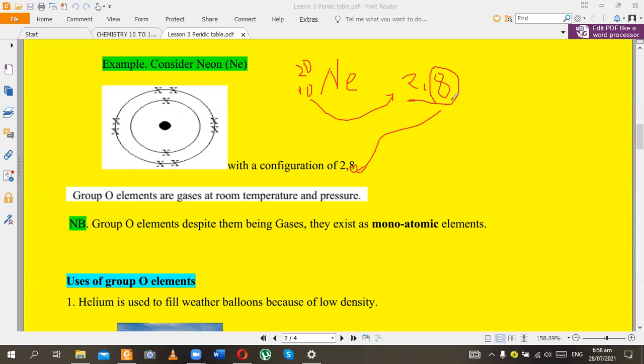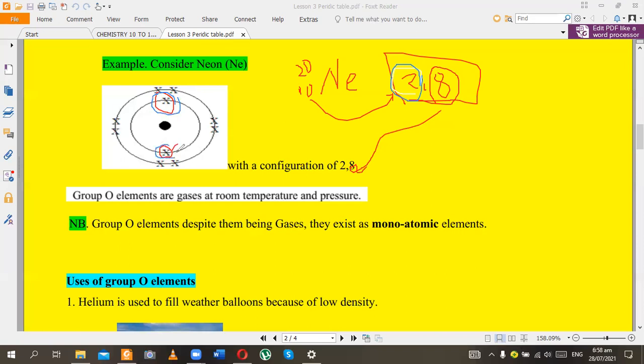So if you want to go by this kind of presentation, electron configuration, well and good. Or if you want, you can say the first shell has got 2 electrons. These two are the ones that are presented here.